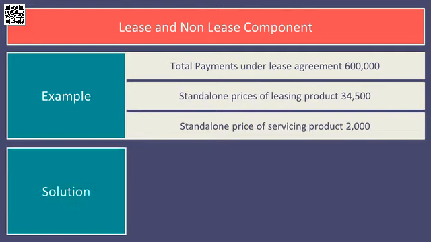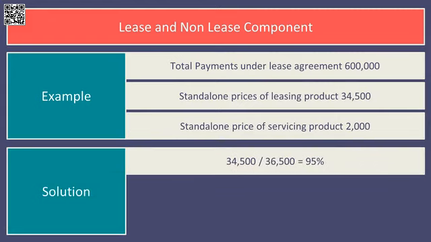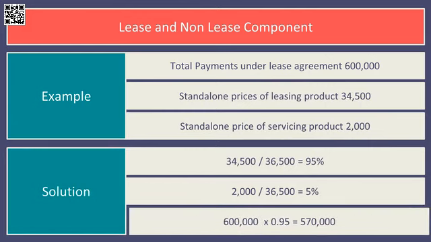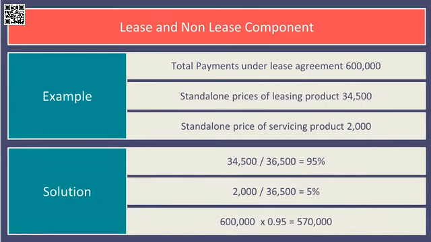Now that would give a total of £36,500, and what we can just see here from the numbers is that the leasing of the product accounts for 95% of that total, and the servicing of the product accounts for 5% of that total. Therefore, of the 600,000, 95% of that is for leasing the product and 5% of it is for servicing the product.